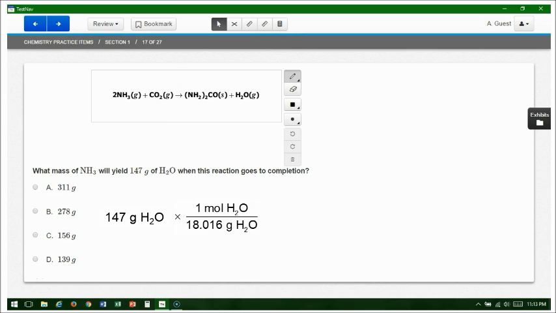So the periodic table tells us that there are 18.016 grams of water for every 1 mole. Then we use the coefficients, and we're trying to get to NH3. That's going to be 2 moles of NH3 for every 1 mole of water, based on the coefficients in the balanced equation. Now we go back to the periodic table, and if we add up nitrogen and 3 hydrogens, we get 17.034 grams of NH3 for every 1 mole.